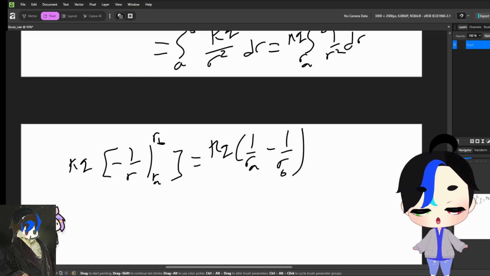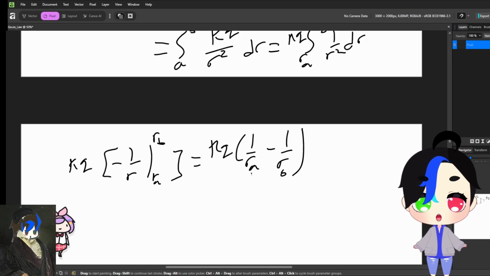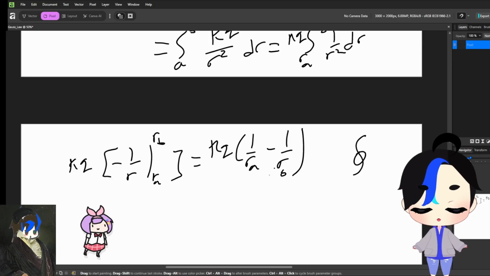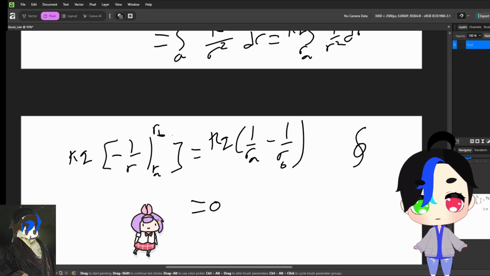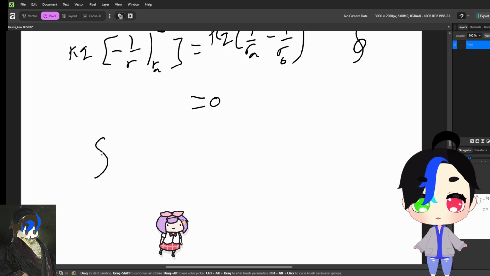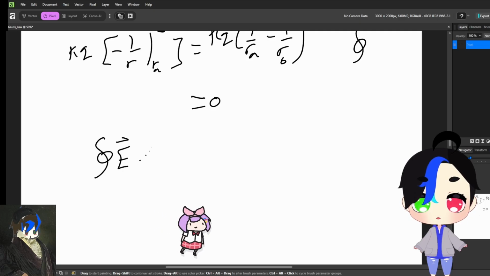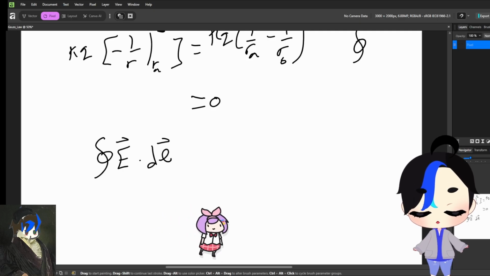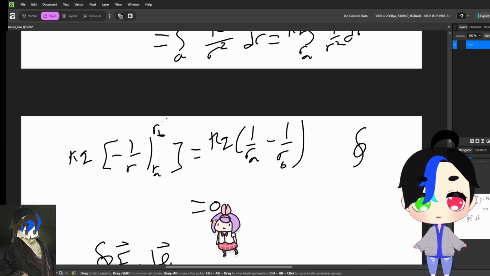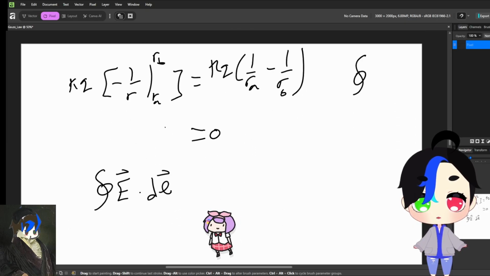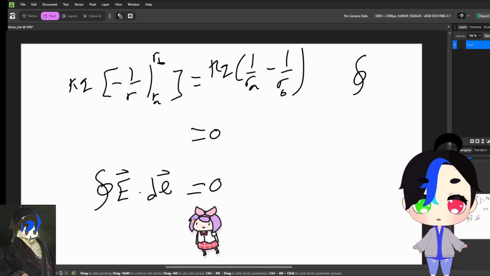So that's the line integral, which tells me that if I do a closed line integral, where I start and end at the same point, that becomes 0. So the closed line integral around any path, because if you'll notice, I didn't even specify a specific path, it was just dependent on the initial and final position, is 0.